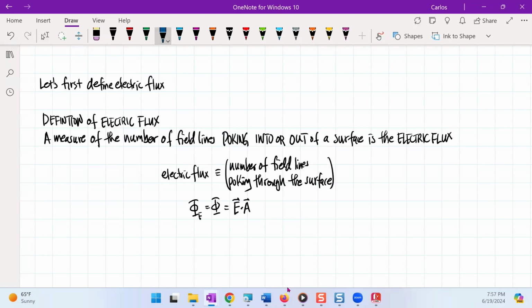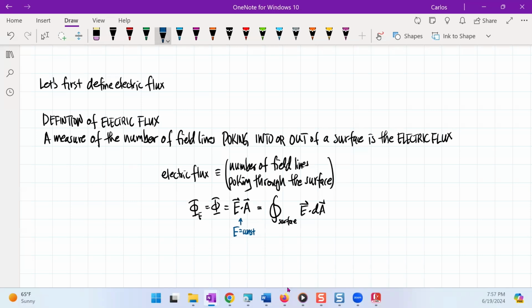This is only true if E is a constant electric field, or I'm integrating over a closed surface of E dot dA.